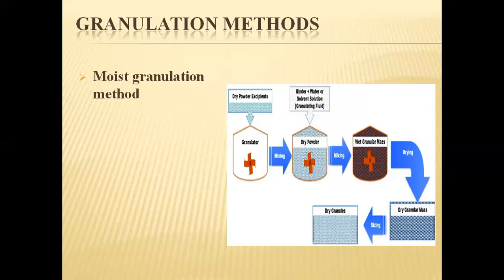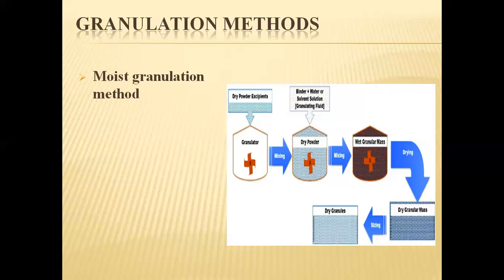So how to understand whether the granules are over moistened or not? The easiest way is, if it is over moistened, the granules are going to stick with the sieve wax, which can indicate the over moistening of the prepared granules.